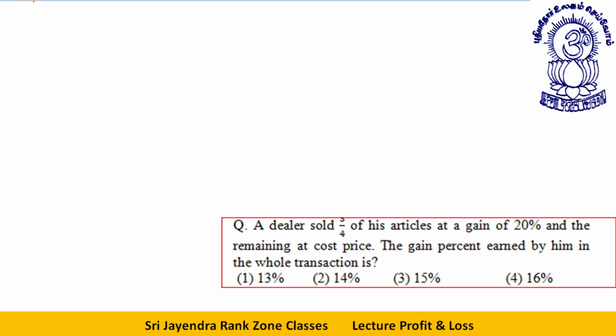See, next is: a dealer sold 3/4 of his articles at a gain of 20% and the remaining at cost price.